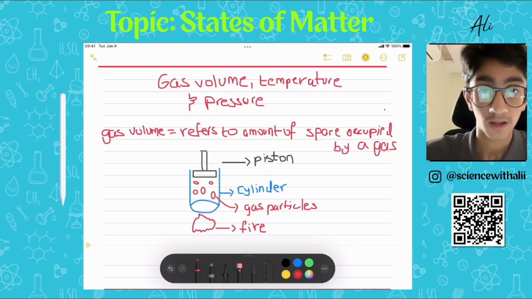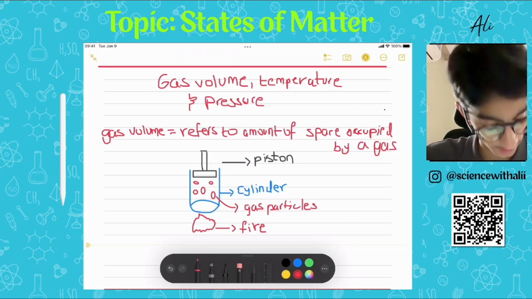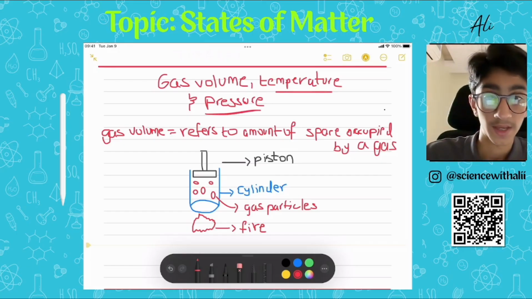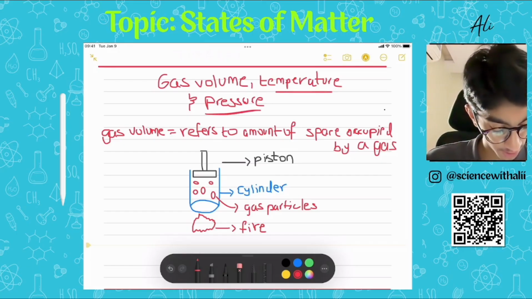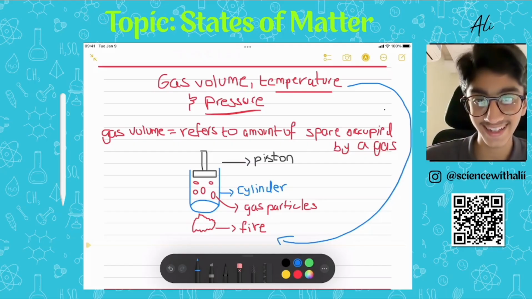So the volume of a gas is greatly affected by changes in temperature and by changes in pressure. Now when you increase the temperature of a gas, we will be discussing temperature first because I have drawn a very beautiful fire over here, right?